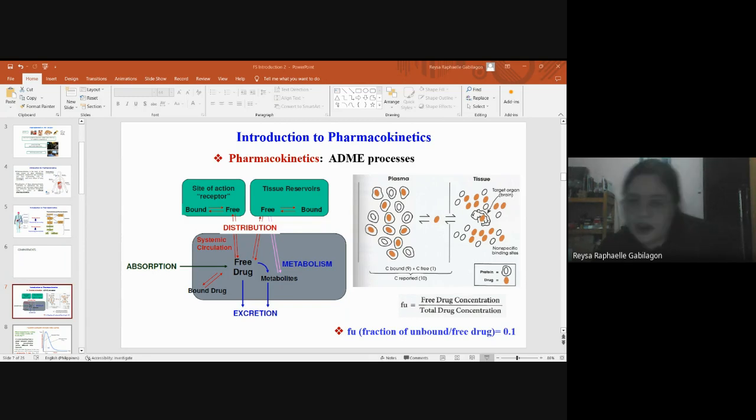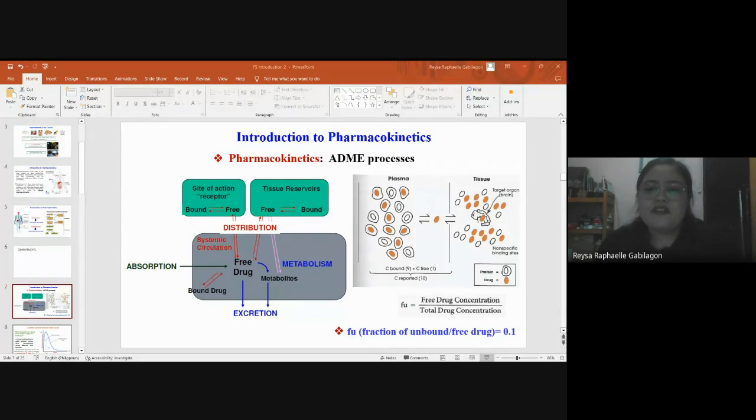And let's compare that to the scenario 2. We have the same amount of drug here. The dose is still 100 milligrams. But after taking a plasma sample, the concentration is just 1 milligram per liter. So bumaba yung plasma concentration. Now, how about the volume of distribution? So that's 100 divided by 1.